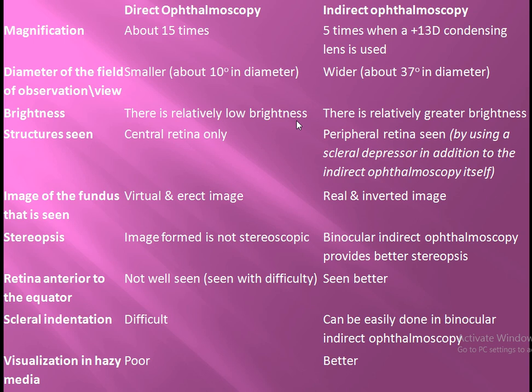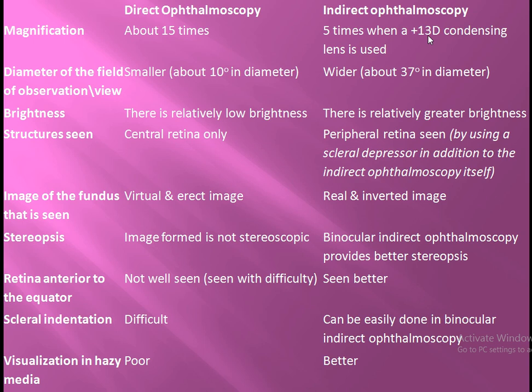The further differences of these two techniques you can see from here. The magnification from direct ophthalmoscopy is 15 times, from indirect 5 times, when a plus 13 diopter condensing lens is used. This is the power of the lens which is kept over the patient's eye.